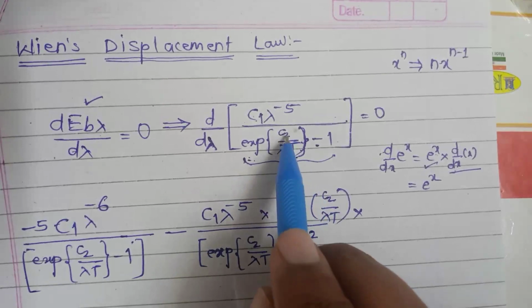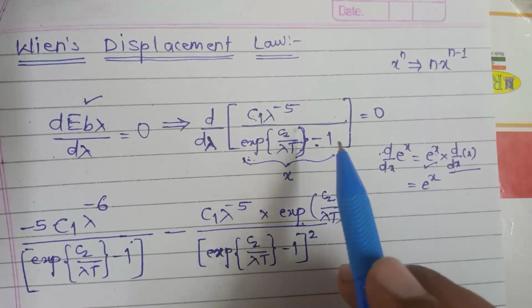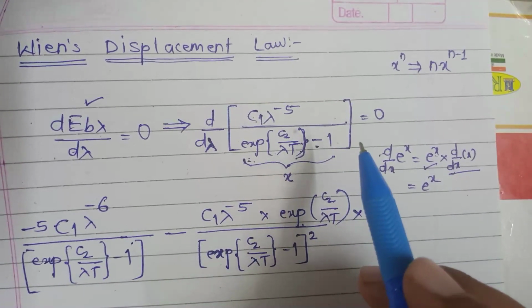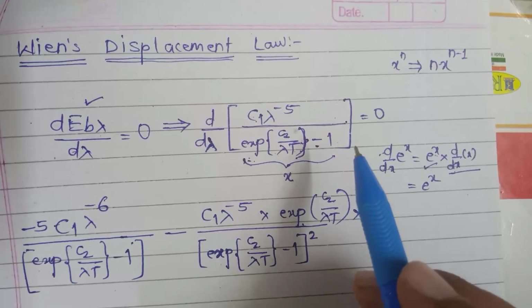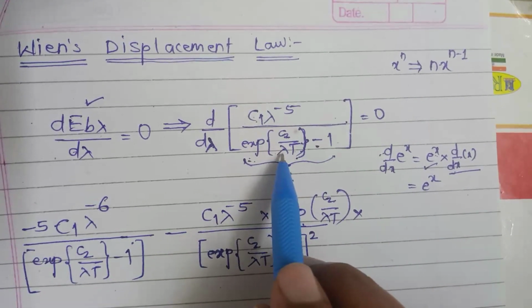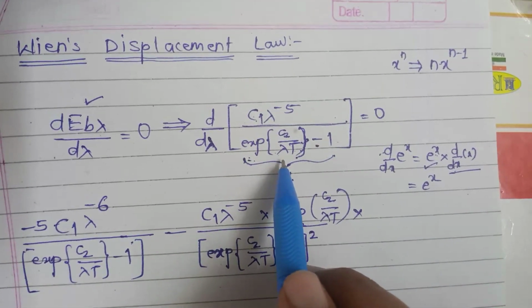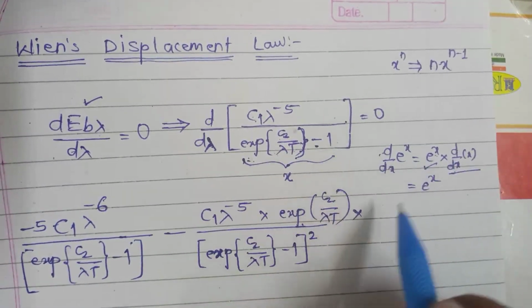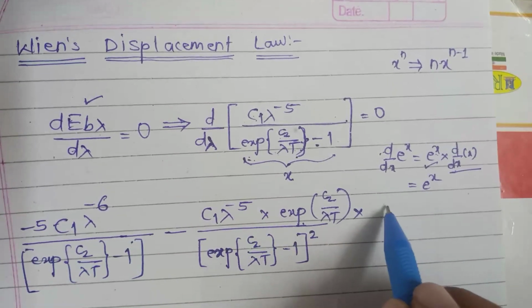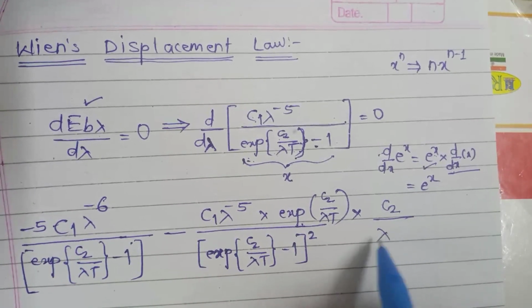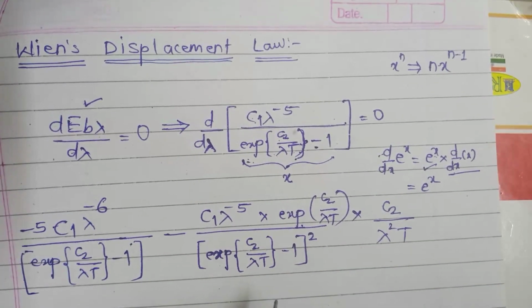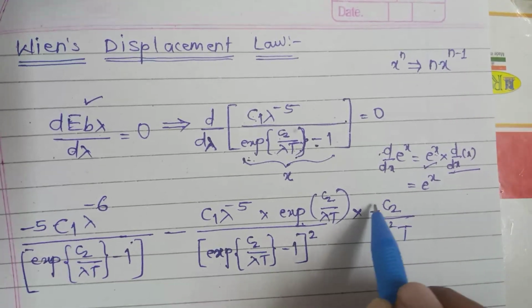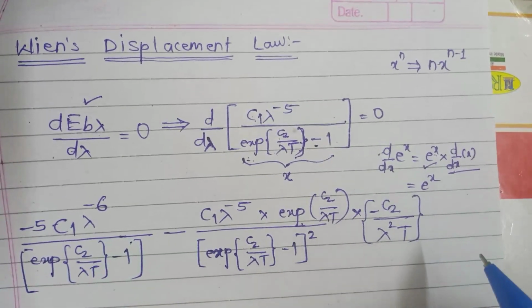In this case C2 and T both are constants, so their differentiation will not take place. On the other hand, 1 upon lambda is the term for which differentiation will happen. Again, differentiation of 1 upon lambda will be minus 1 upon lambda square. So you will get minus C2 upon lambda square T.